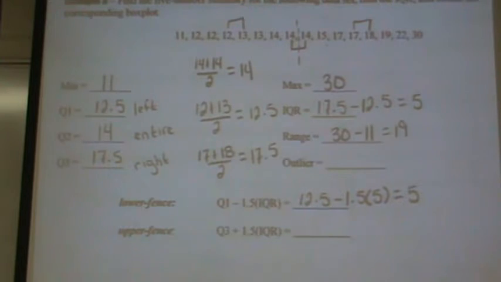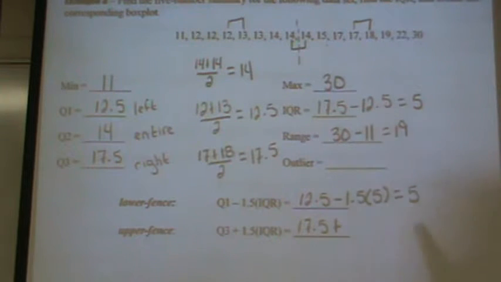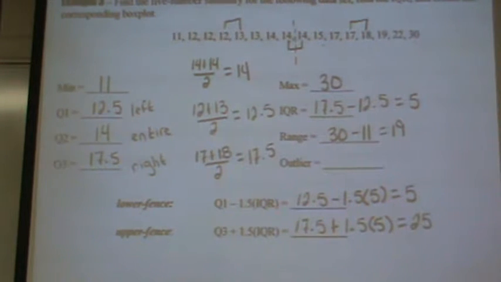And then our upper fence, our Q3 value is 17.5. And we're going to add 1.5 times our IQR value, which again is 5. So when we punch this into our calculator, we get 25. So our lower fence is 5, our upper fence is 25.